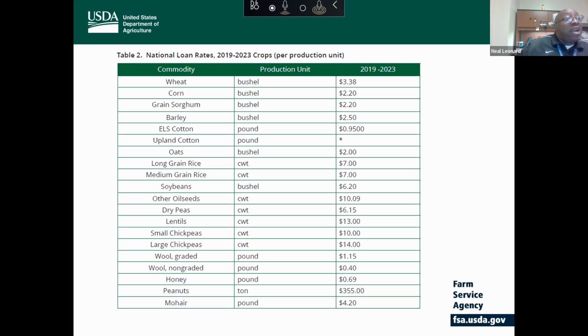And basically, let me say, and I learned this some years ago, this program tries to help provide a floor. If market prices are very low, you can come in and get a loan, and then you can pay that loan back when market prices get better, to help provide a floor for the farmers to say, hey, look, I need to be able to make a profit off of my crops.